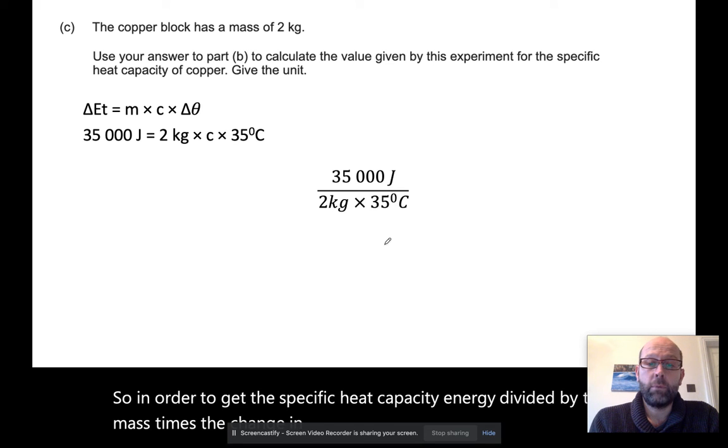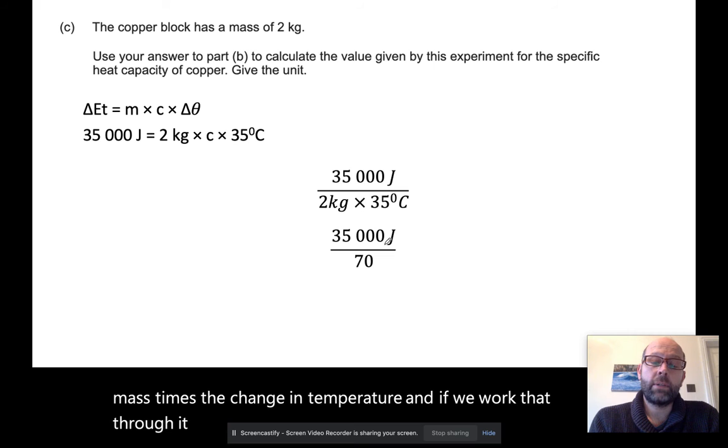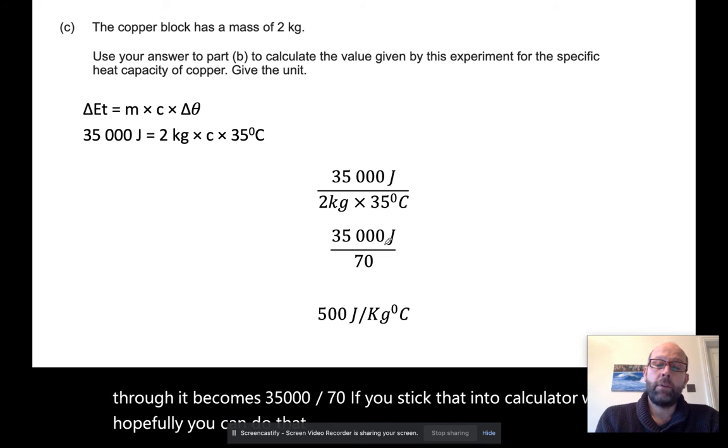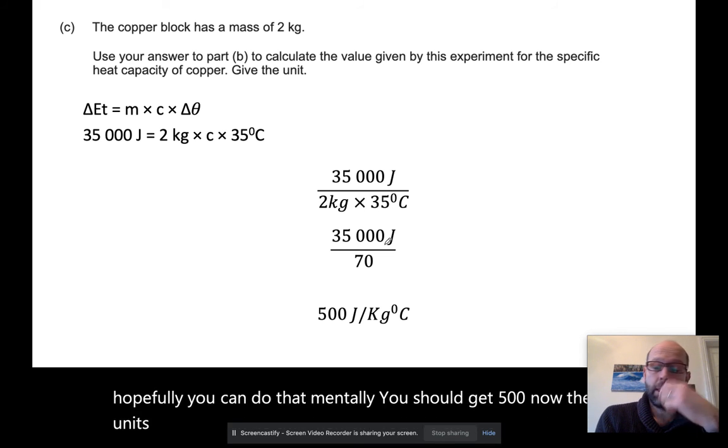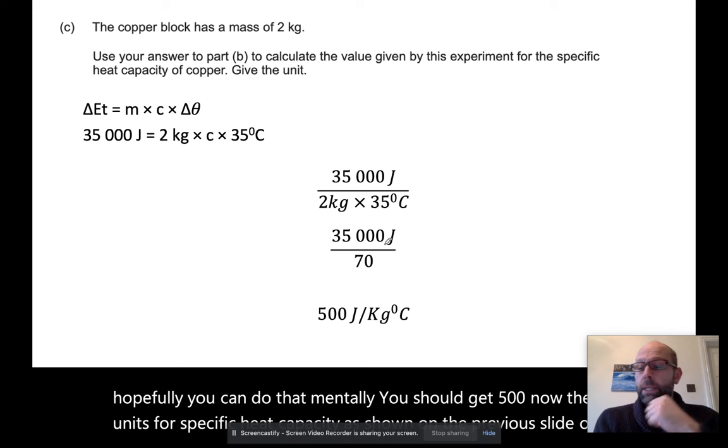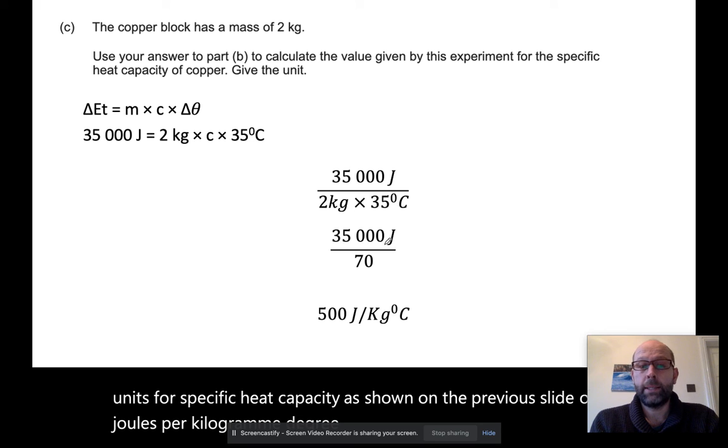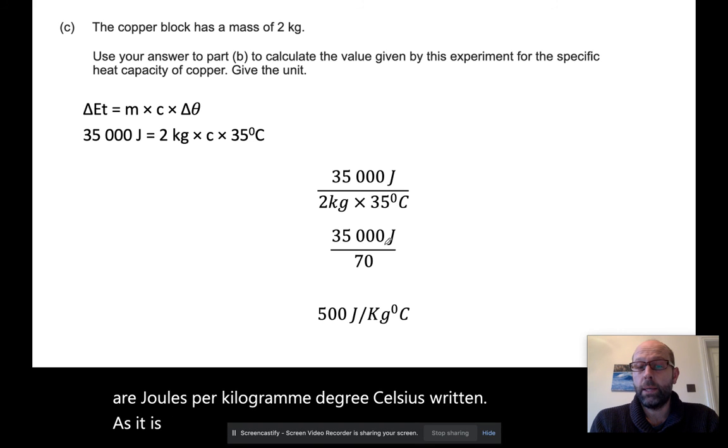And if we work that through, it becomes 35,000 divided by 70. If you stick that into your calculator, or hopefully you can do that mentally, you should get 500. Now the units for specific heat capacity, as shown on the previous slide, are joules per kilogram degree Celsius, written as it is there. So that is the worked through answer to that one.